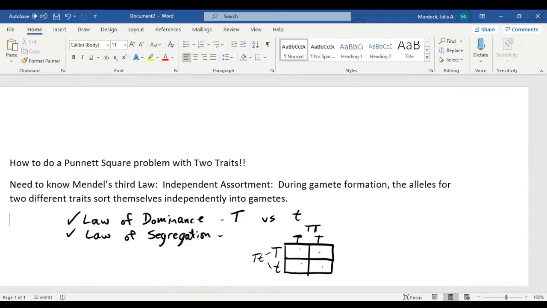So segregation just means that during the formation of sperm and egg, those alleles separate and become single letters.